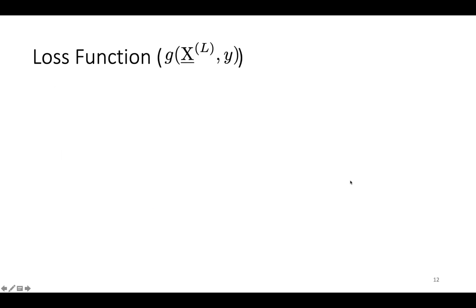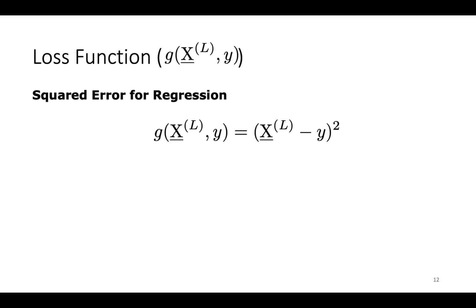Okay, just like before, for the loss function that we defined, we take the output of our g function, x of L, which is the output of the activations in the final layer, which is the predicted value, right? We use again square error, so x of L minus y, squared.